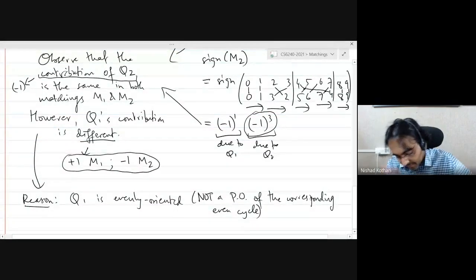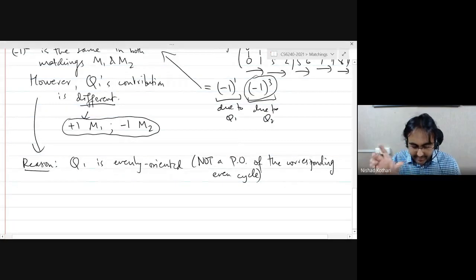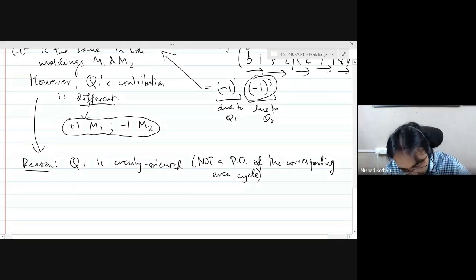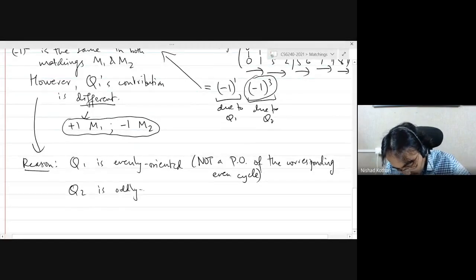I mean, the reason I'm saying it this way is, you can think of Q1 as the directed graph, and the corresponding even cycle is the underlying undirected graph. Okay. But anyways, just to distinguish between the directed cycle and the underlying undirected cycle. Okay. Whereas Q2 is oddly oriented.